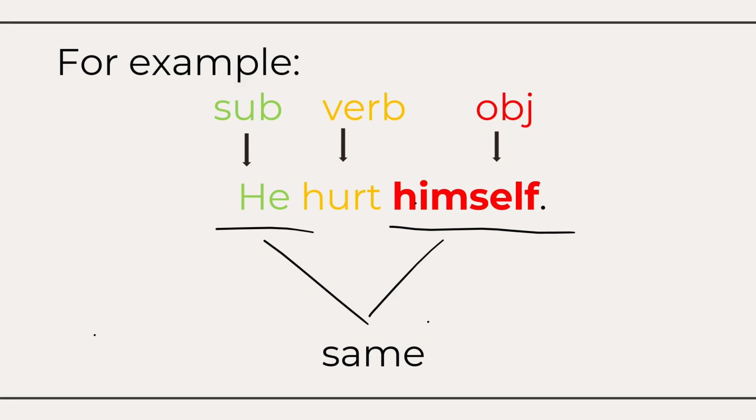Hurt is the action, it's the verb. Himself is the object because he is performing an action on himself because he hurt himself. So he is the object and the subject. It means that both the subject and the object are the same. Now let me explain that in Urdu.